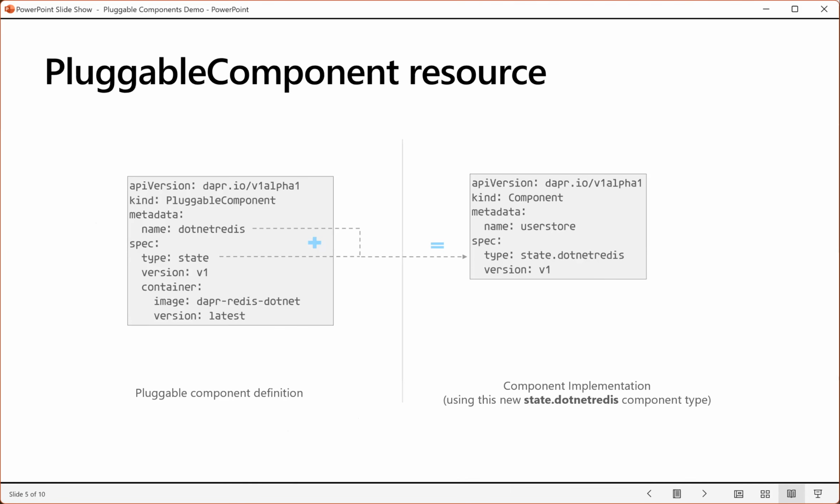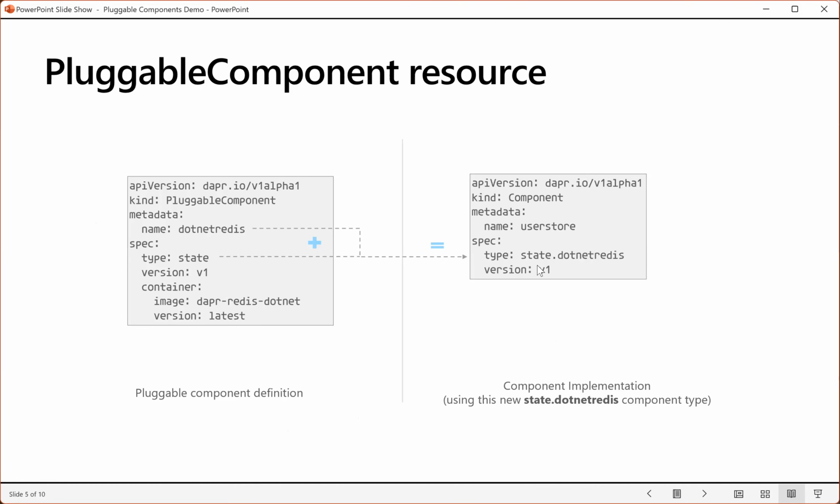So inside of the config, nothing too surprising. This new notion of a pluggable component has a name, right? So you give it a particular name, and then inside of the spec, you describe the type, the version, how to find it, etc. And then on the right-hand side, you have your traditional component definition.